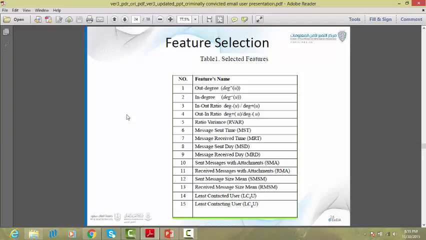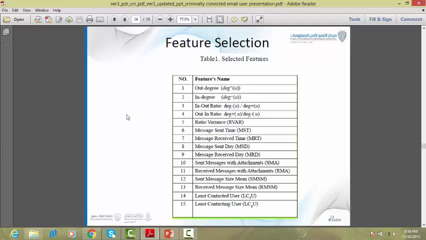The 8th and 9th are based on the day the message was sent and the day the message was received. The 10th and 11th are for sent messages with attachments. The 12th and 13th are for message size mean.